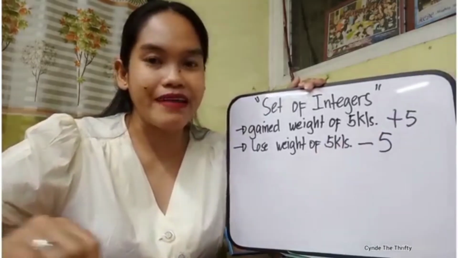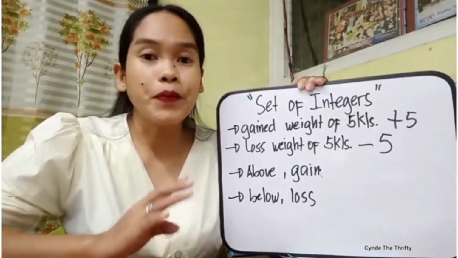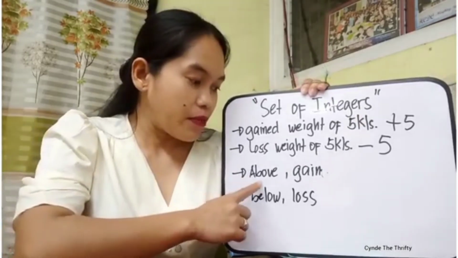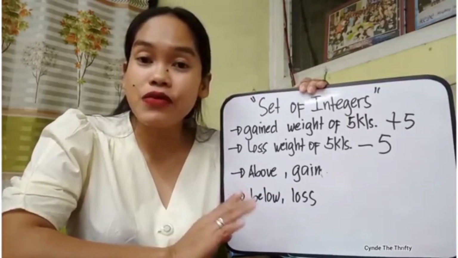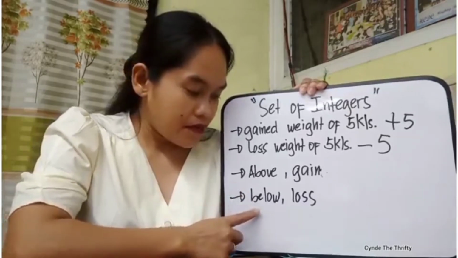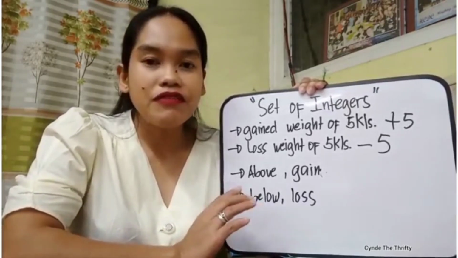Kasi nag-lose ka ng weight na 5 kilos, diba? So, negative 5. Importante na alam natin yung mga word na nag-i-imply kung positive ba siya or negative na integers. For example, above and gain refer to positive integers, and below and loss refer to negative integers.